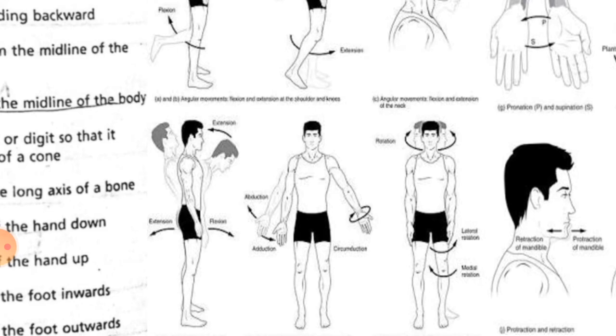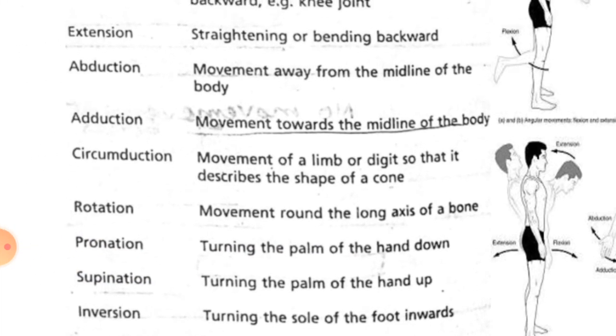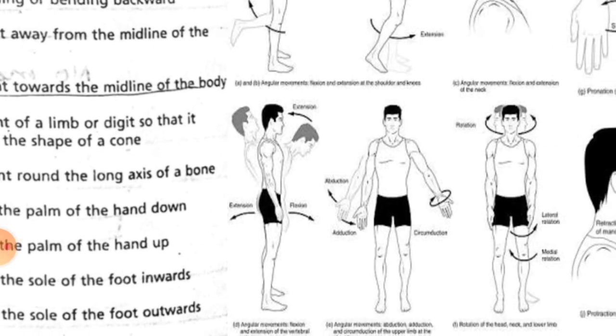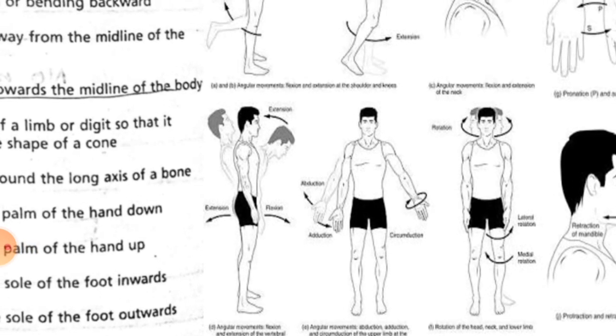If you move your arm towards the body, then this is adduction, and if you move your arm away from the body, then that would be abduction. Circumduction is basically the combination of all movements, for example, movement of a limb or digit so that it describes the shape of a cone. This is the circumduction.